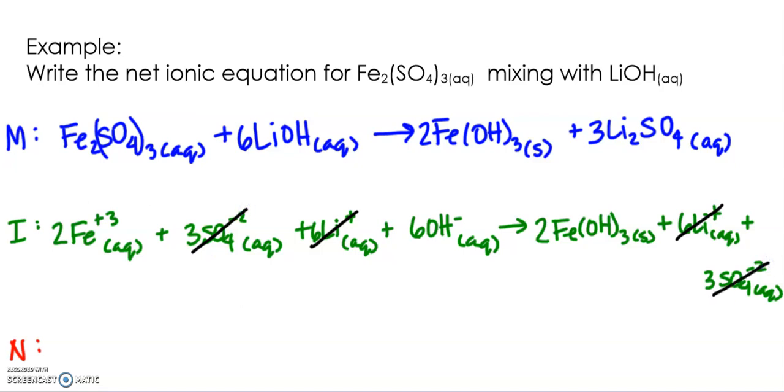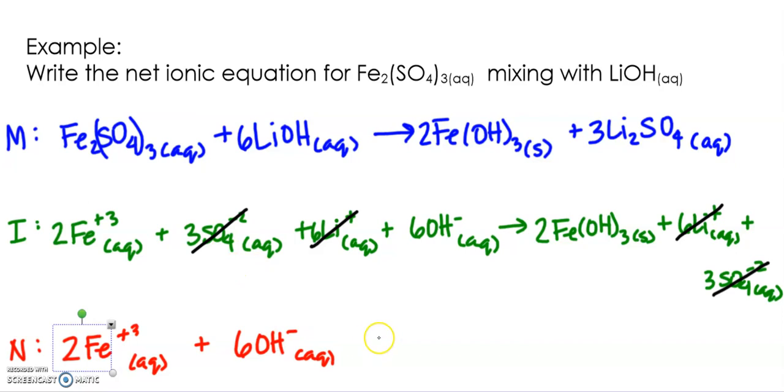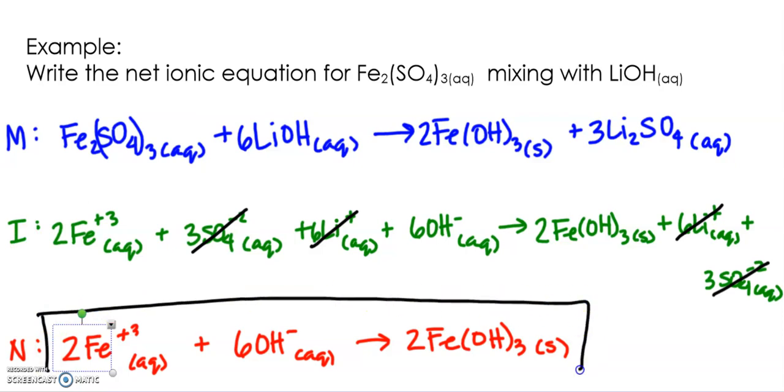So what I'm left with for my net ionic equation is 2 iron plus 3 ions that react with 6 hydroxide ions to form 2 Fe(OH)3 as a solid. So my answer is this in red right here. That is how you go from a molecular equation to a net ionic equation.